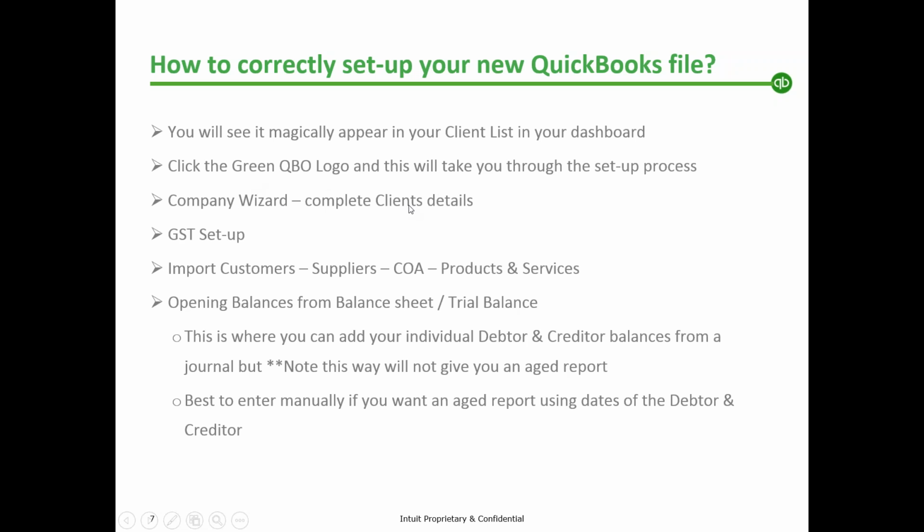The next step to actually setting up our QuickBooks Online file so it's ready to go to our client or to us to actually start transacting in, because don't forget, this is a brand new file. There is no data. It is not a conversion. And I'll discuss with you in a moment when we get to the conversion stage the difference, and you'll quite clearly see it. So it's a brand new file, no data at this stage.